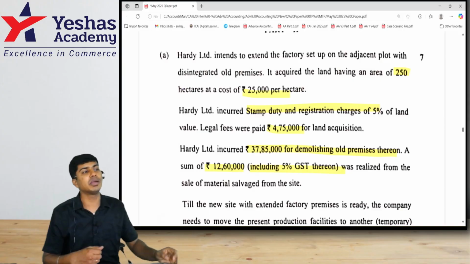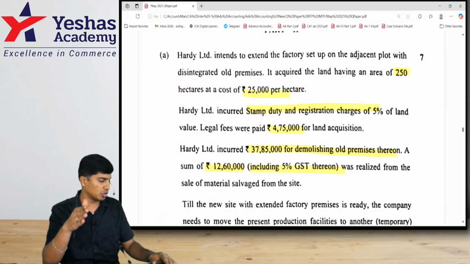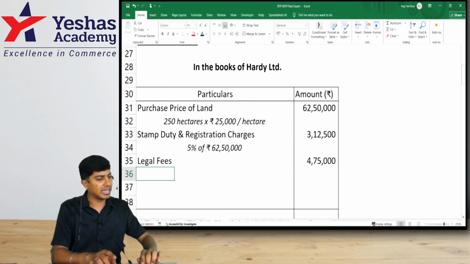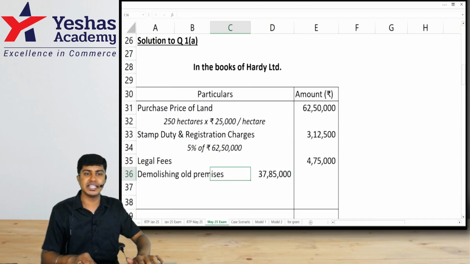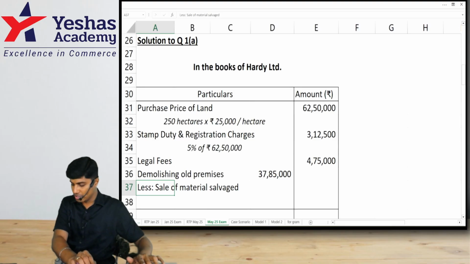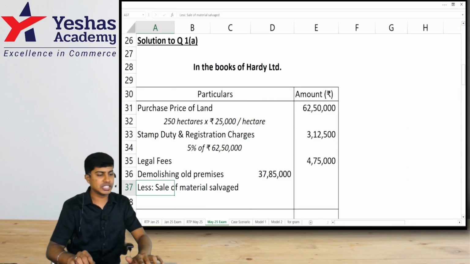So my cost of demolishing that old factory building is 37,85,000 minus 12 lakh. I would write demolishing old premises 37,85,000 less sale of material salvaged. How much is the material salvaged value?